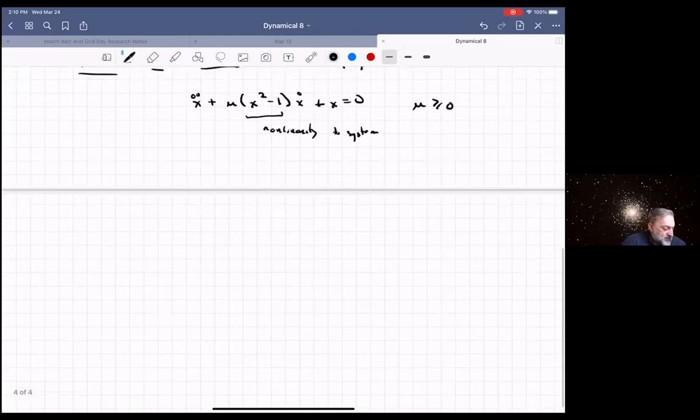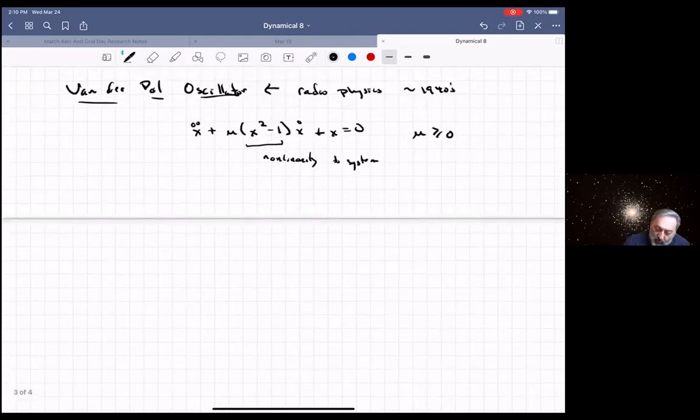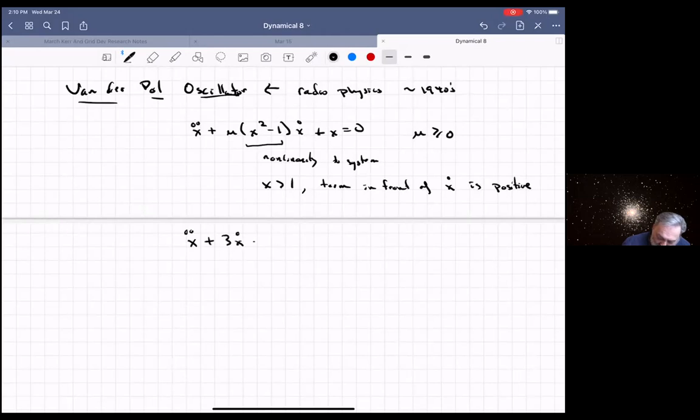So if I look at what I've got here, when x is more than 1, then the term in front of x dot is positive, which means that, let's remember, if I had x double dot plus 3x dot plus 4x is equal to 0, we would call this a damped oscillator.